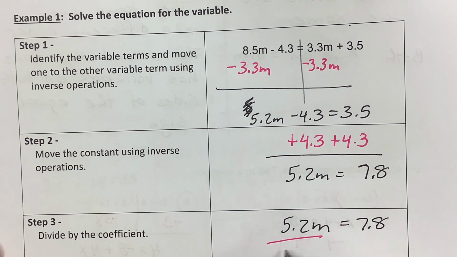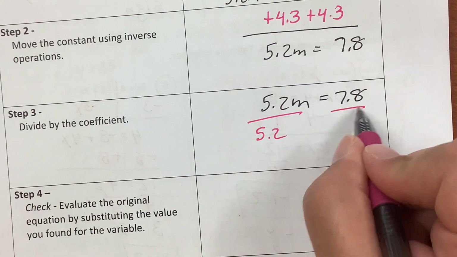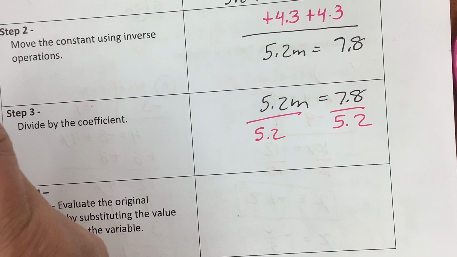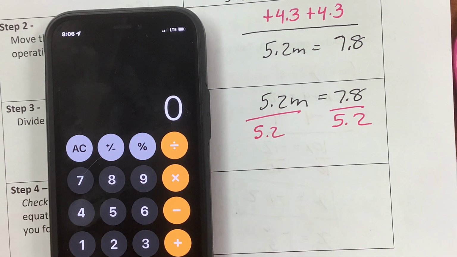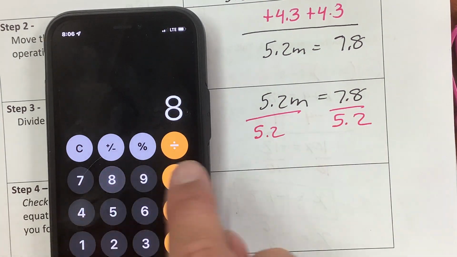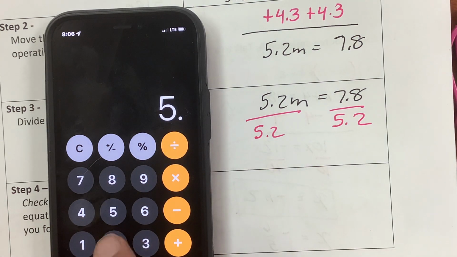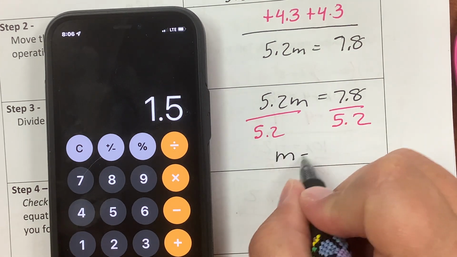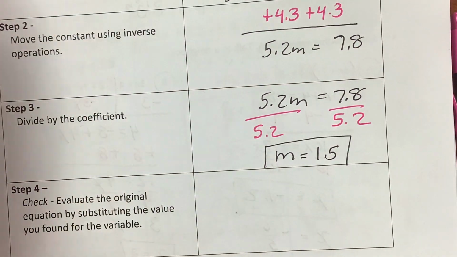Divide both sides by 5 2/10. And I am going to use calculator because, you know me, decimals are scary. Here we go. 7 8/10 divided by 5 2/10 is 1 5/10. So m equals 1 5/10. Put a box around it because it's beautiful.